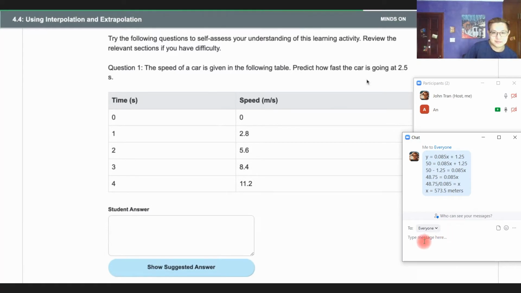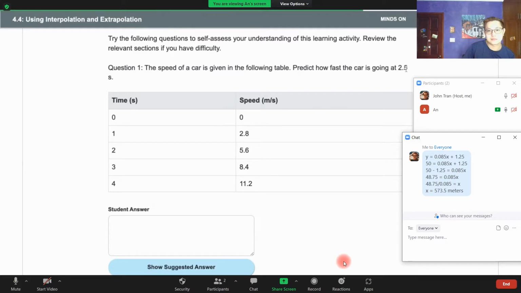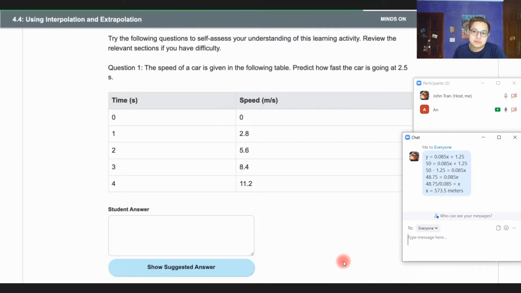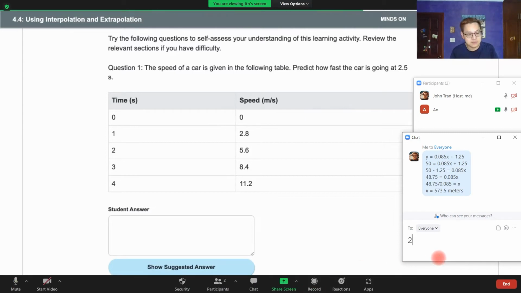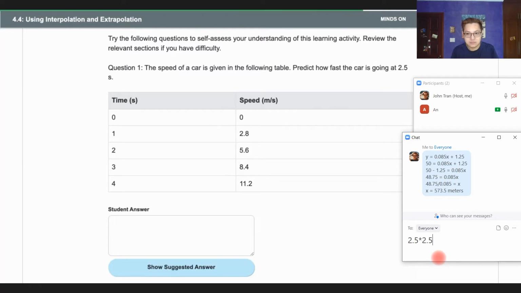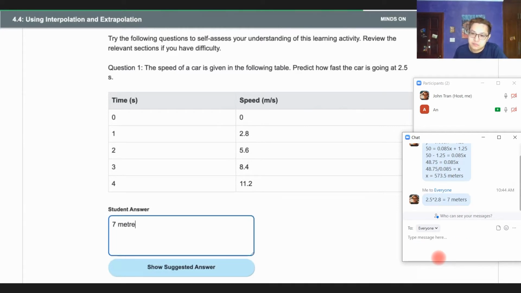Since 2.5 seconds is about half, half of 2.8 is 1.4, so 2.5 should be 7 meters.